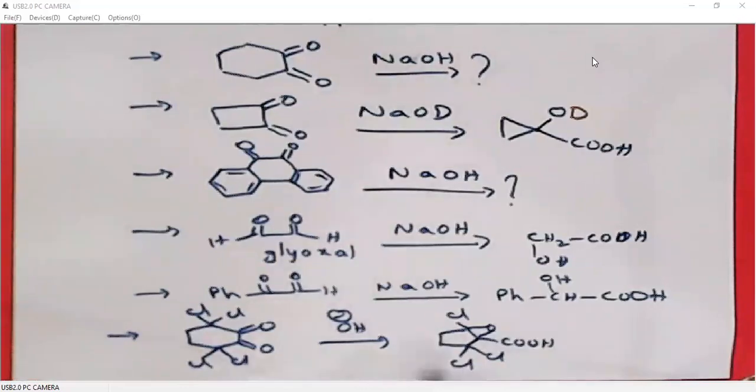Generally we would get alpha hydroxy carboxylic acid with ring contraction. But because of the availability of a good leaving group, this O minus will immediately undergo epoxidation, because chlorides are good leaving groups. So O minus will attack on carbon so that Cl will be leaving. So we are getting an epoxide in this case.